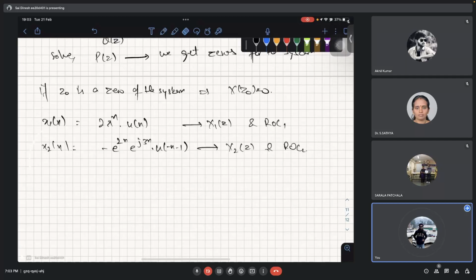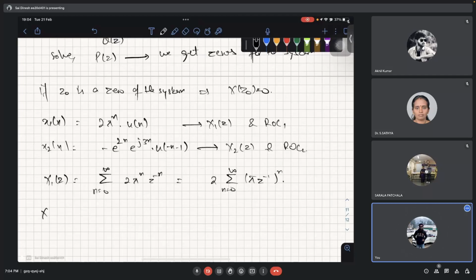So x1 of z is equal to sigma n equal to 0 to infinity 2 pi power n into z power minus n, which is equal to 2 into sigma n equal to 0 to infinity pi z inverse power n.